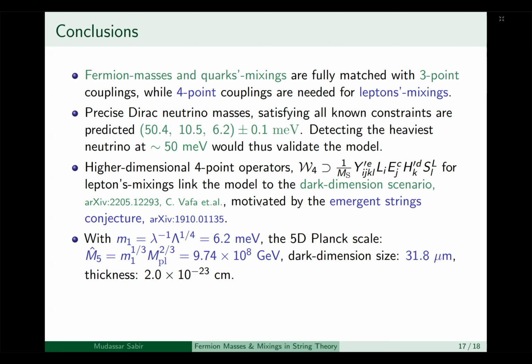Since we have the smallest neutrino mass precisely in our model, we predict that the 5D Planck scale is precisely 9.74 times 10 to the 8 GeV, if I believe that M1 is exactly 6.2 MeV. And this corresponds to a dark dimension size of 32 micrometer and a thickness of 2 times 10 to the minus 23 centimeter.